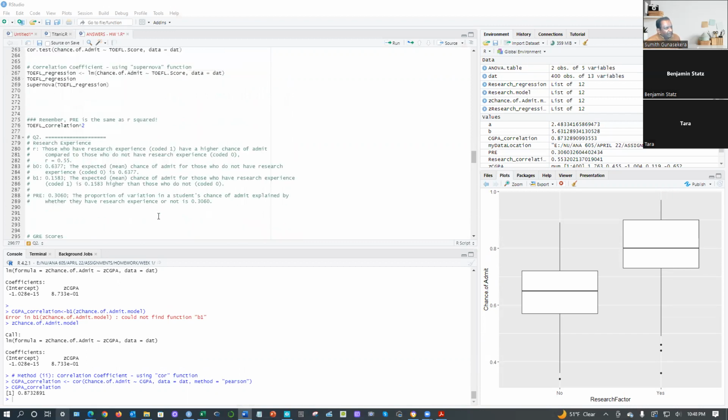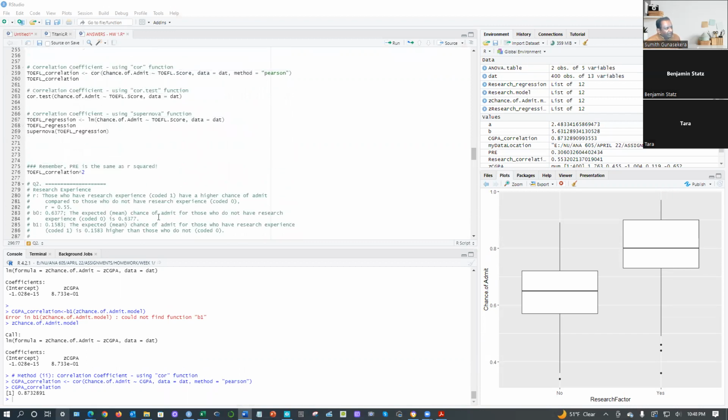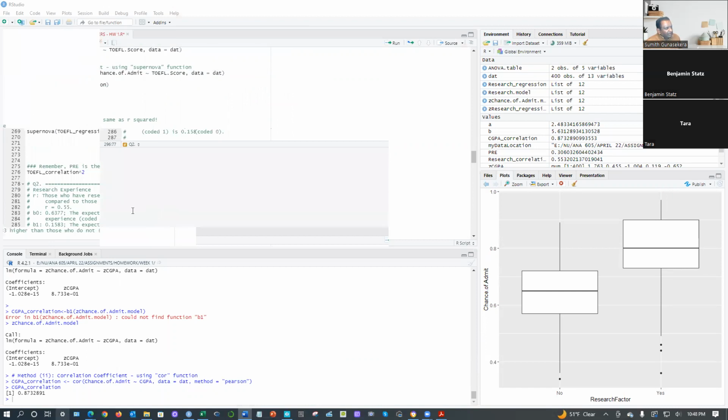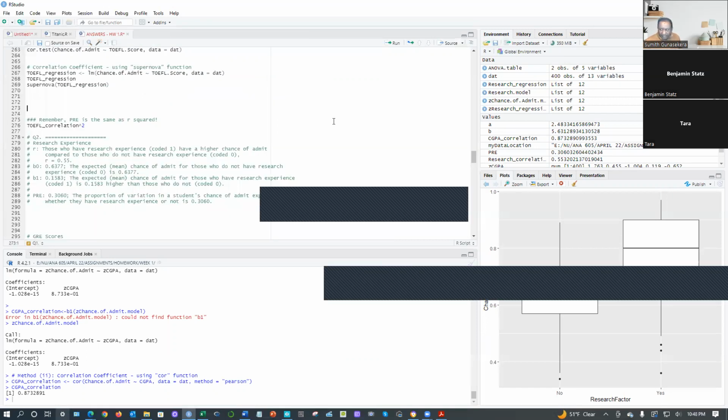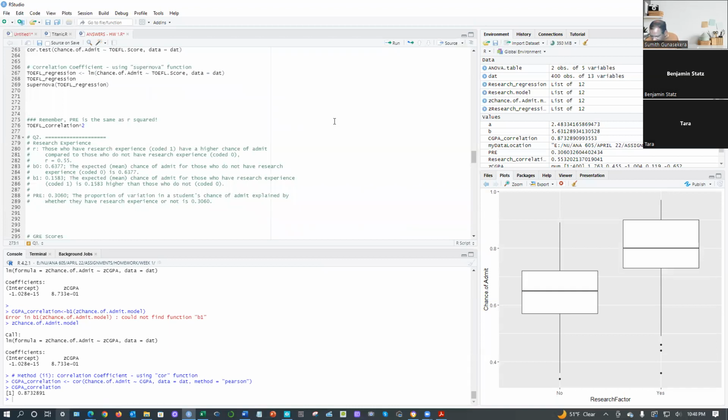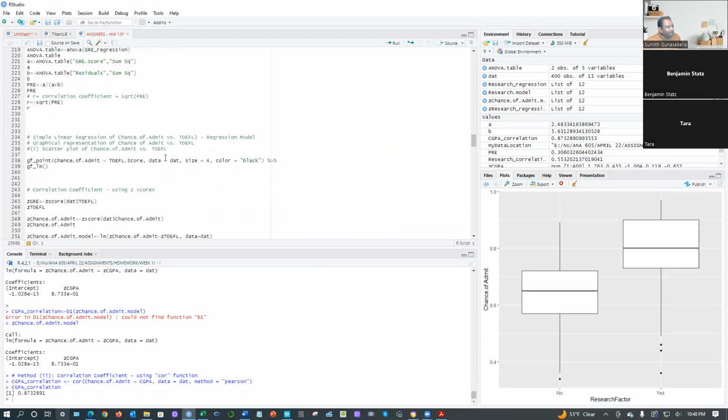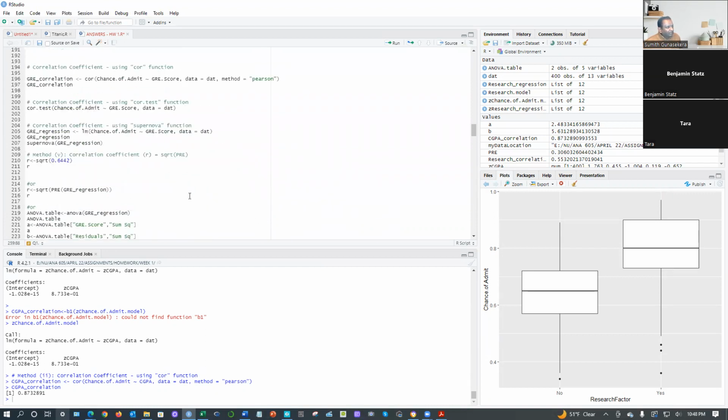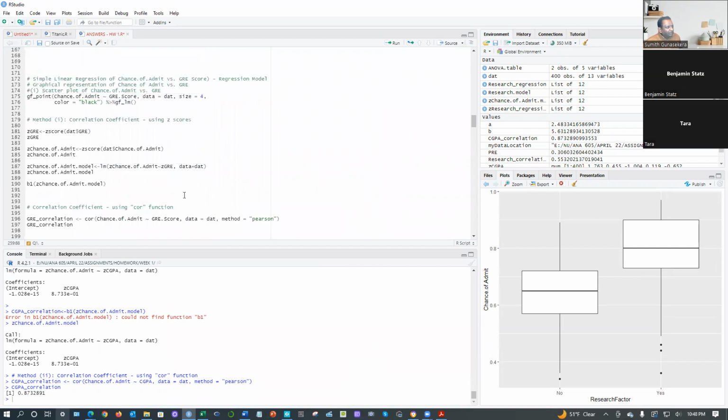Sorry, looking at the wrong case. Of the GRE, where's the CGPA? CGPA, even the GRE is the same thing. So, this one.